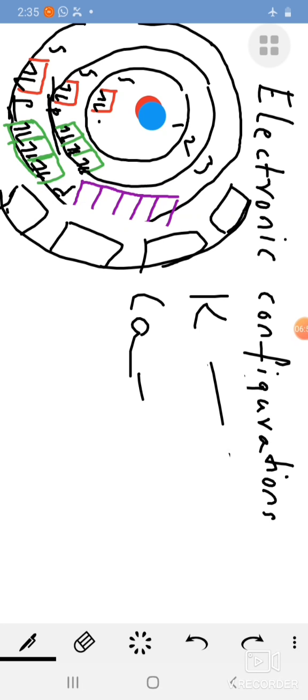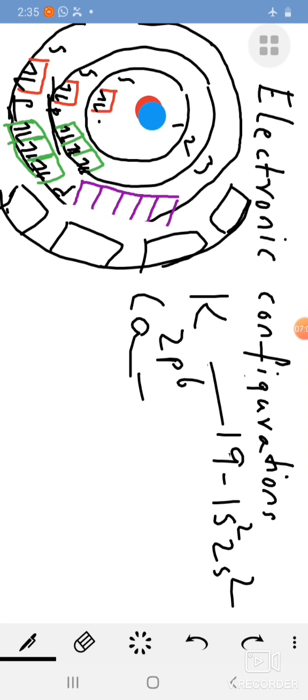Potassium's atomic number is 19 and its electronic configuration is 1s2, 2s2, 2p6, 3s2, 3p6.